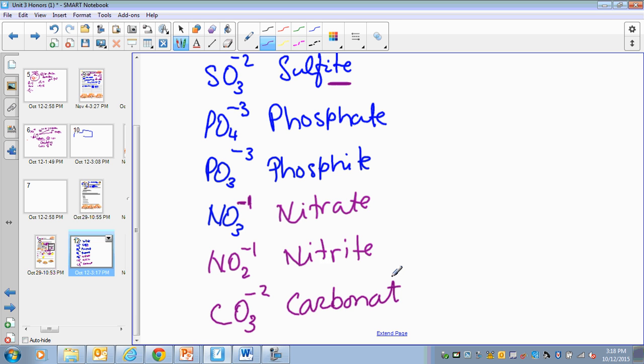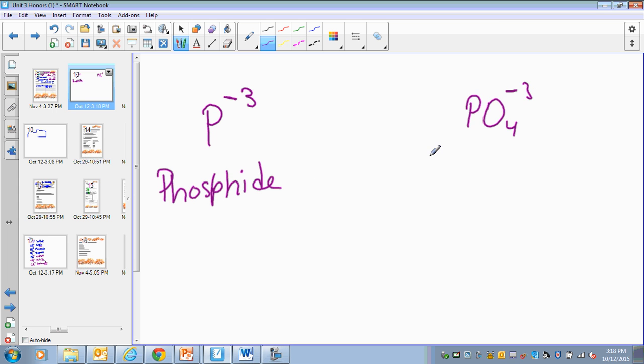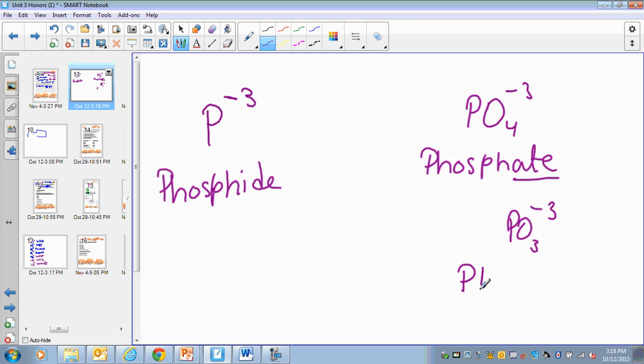So you have to see that when polyatomic ions come, the name ends with ate or ite. I want you to look at the difference. If phosphorus is alone by itself from the periodic table, the name for phosphorus will be phosphide. But if phosphorus is attached to oxygen, it will become phosphate. And as I said, more oxygens is ate, and fewer oxygens is ite.